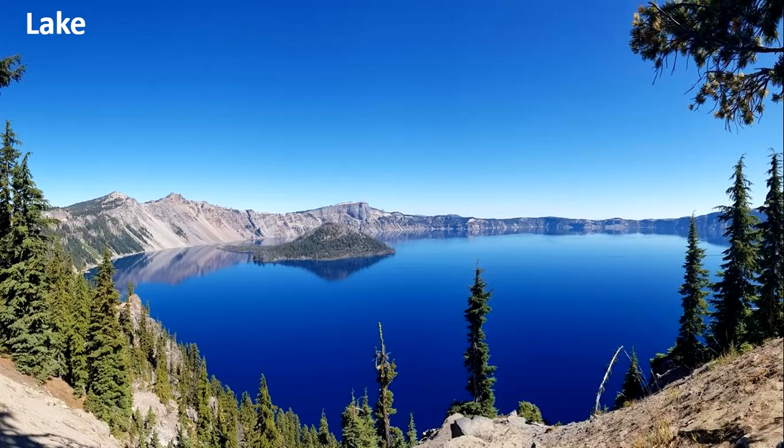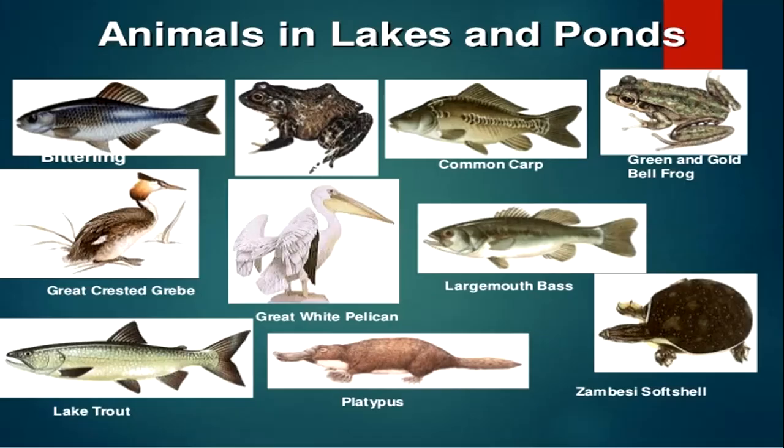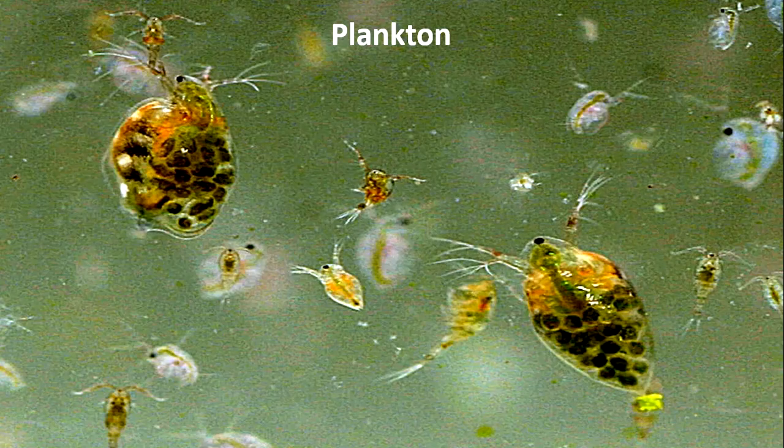Now, at first it may seem as if the entire freshwater ecosystem can be easily observed at the surface. However, it would take much closer observation to see the plankton. For example, we can see here the animals in lakes and ponds. Plankton are tiny organisms that live in water.